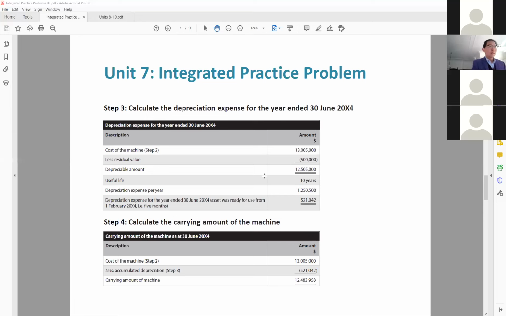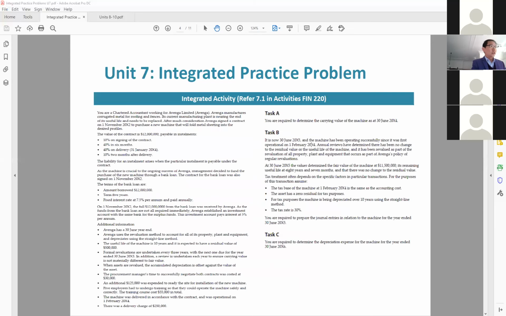Sure. So what we need to do is determine when the revaluation has taken place. That's going to be our first step. If we go back to the question, we are told that as at 30 June X5, in the X5 year or the next financial year, the fair value of the machine is 1,500,000.